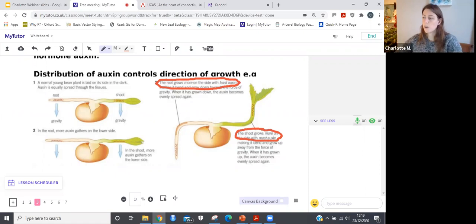Okay, so quite a few questions that I can see about knowing whether this is needed for triple science or double science, or whether this is higher tier. So plant hormones mostly appear, and again, it depends on your exam board, they mostly appear in the biology single GCSE. So if you're doing triple science, this would appear. Certainly auxins will appear. Some of the details might differ depending on the exam board that you're studying as well.